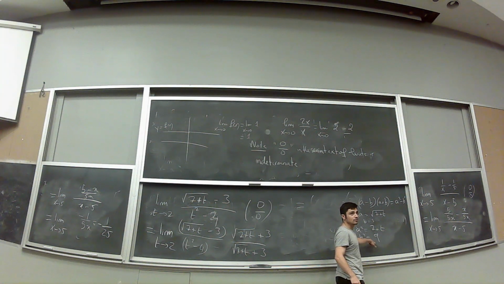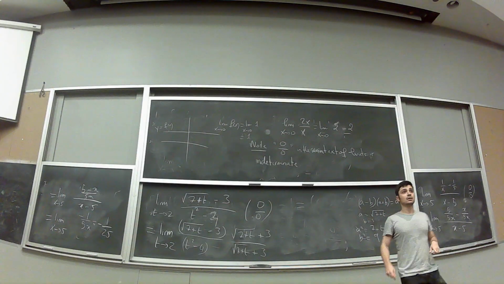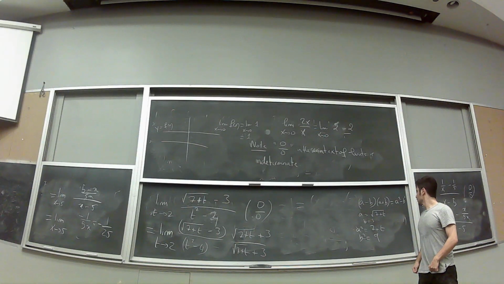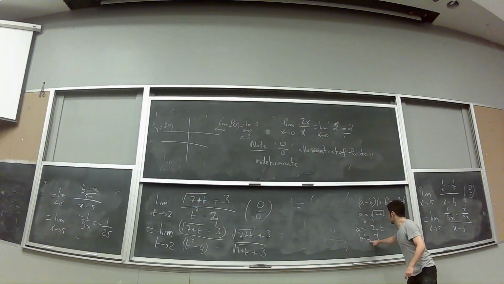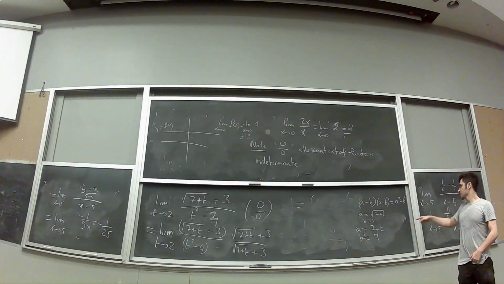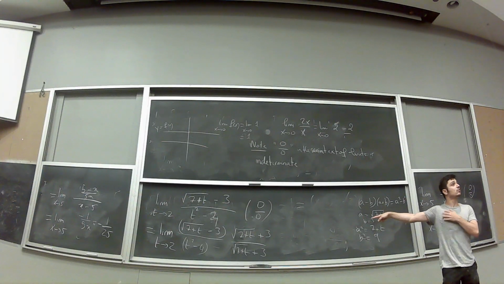Do we agree? So a squared minus b squared gives 7 plus t minus 9. We all agree with this?